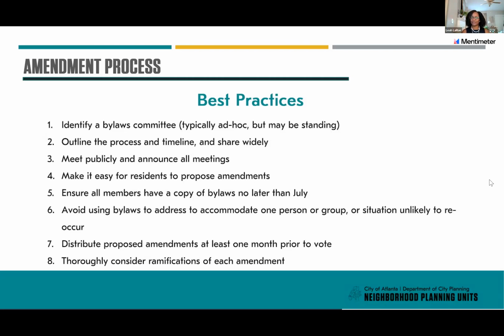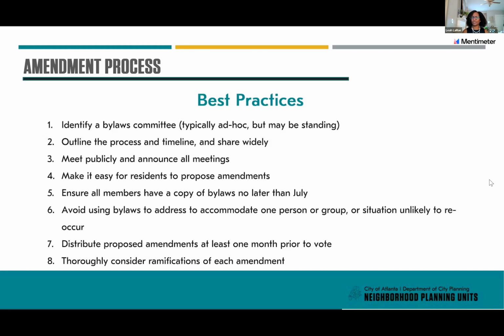I'd think twice about that because you don't want your bylaws to be so specific and reactive that they have a negative impact down the line, and in a way that you don't consider all of the other effects of that particular clause or that particular proposal.